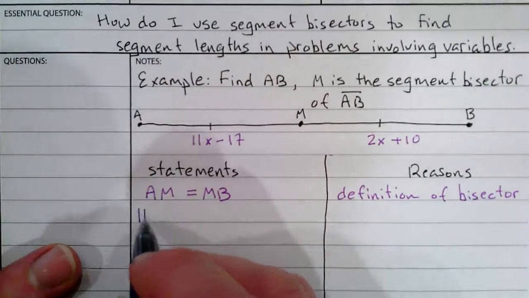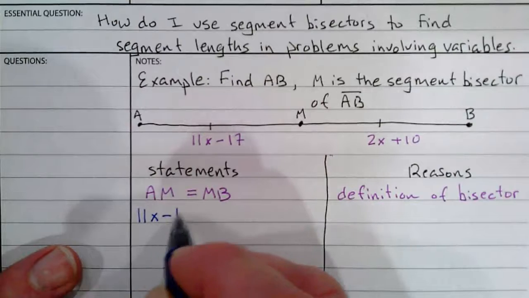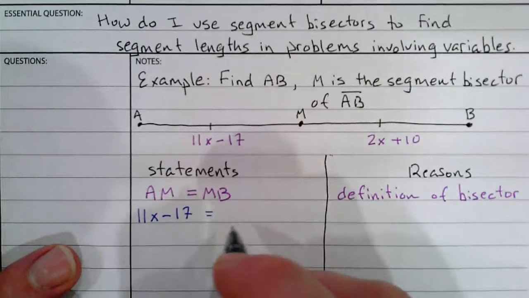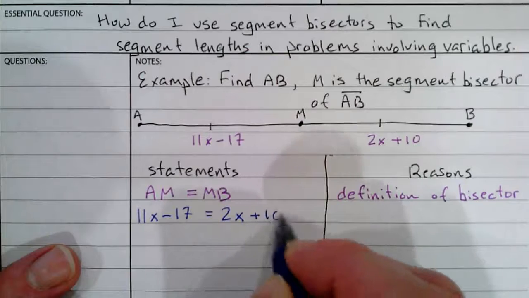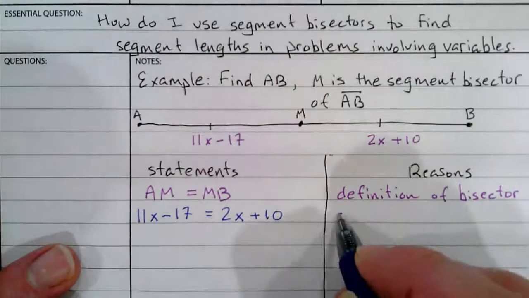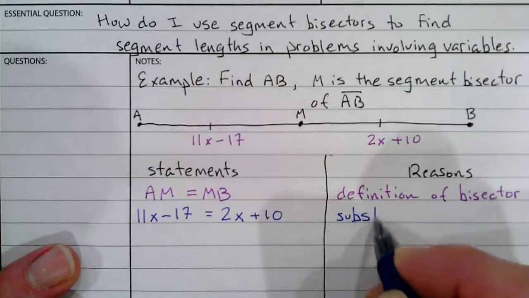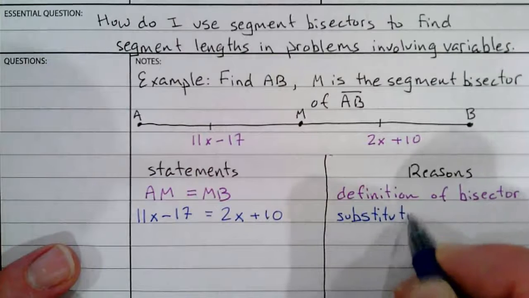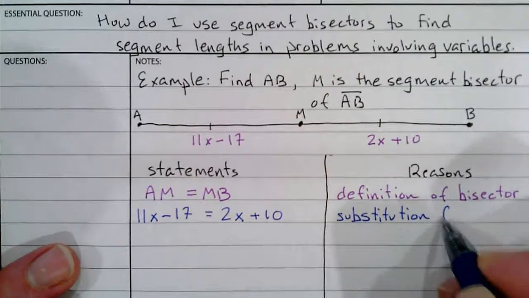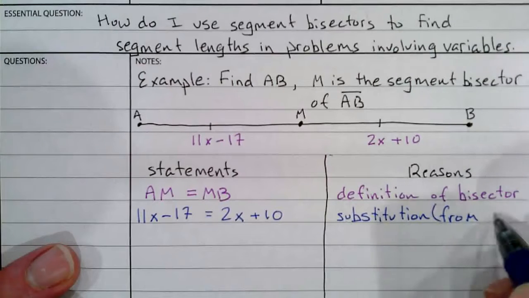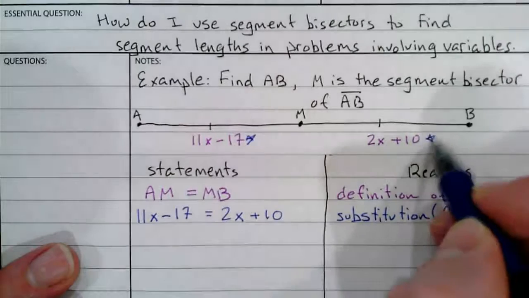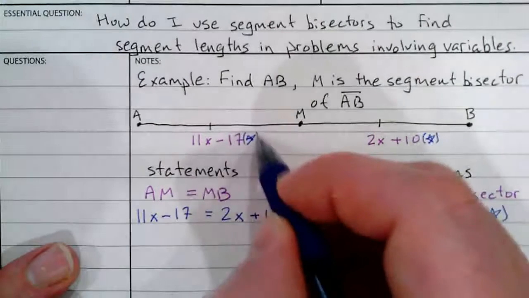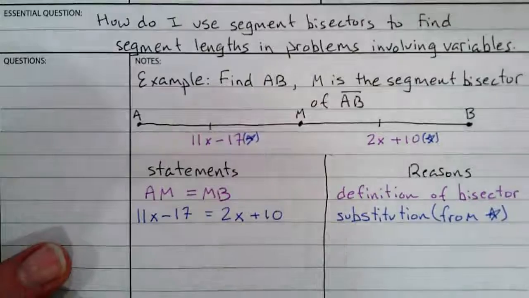We've got 11x minus 17 equals 2x plus 10, and that's just substitution from star. I'll just put a little star up here. That's where we got those from.